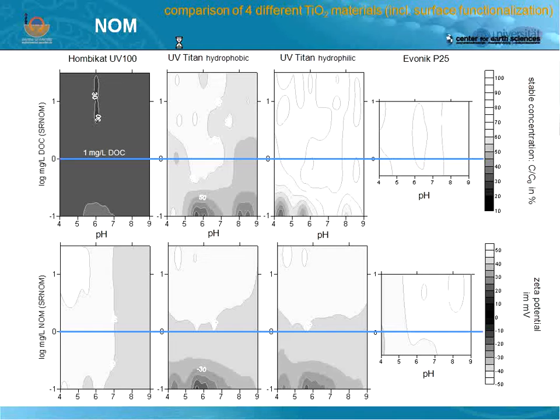The only exception is the Hombicat UV100 that has very high negative zeta potential, but that doesn't really translate into high concentrations. The only thing I would like to point out is that the concentrations are now given in percentage of the initial concentration. So this is 30% of the initial, this is 50%, and this is even higher, about 80%.